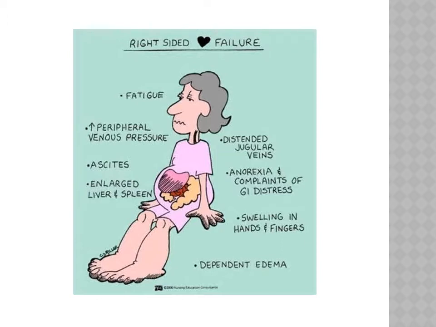The swelling can also occur in the abdomen area, which would be the ascites, and so these patients have a lot of backup fluid, third spacing, essentially. These patients generally do not have the respiratory symptoms as the left-sided heart failure patients would.